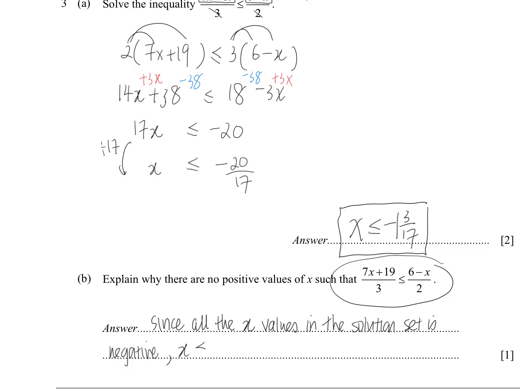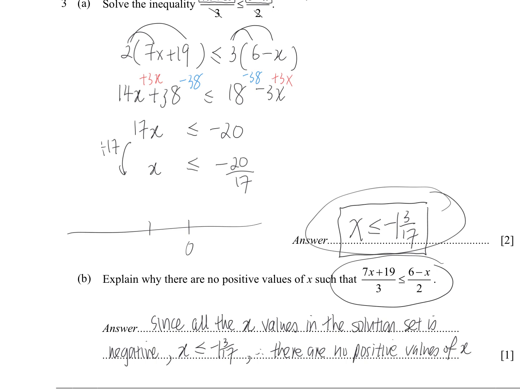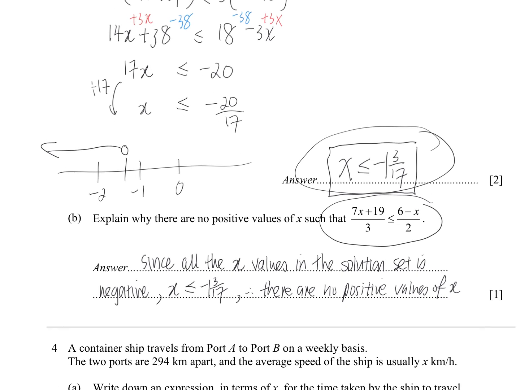Okay, because x is less than or equal to minus 1 point something. Therefore, there are no positive values. That's all. Because you look at your solution set, it's everything on the negative side. Somewhere here. Right? So there are no positive x values in the solution set. So that is the only reason.